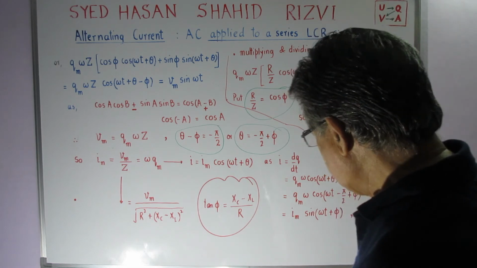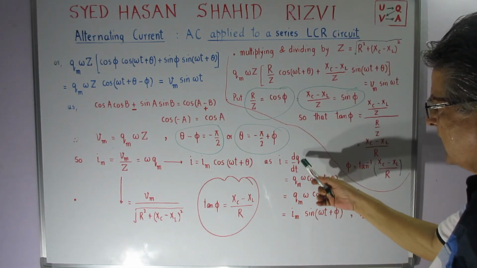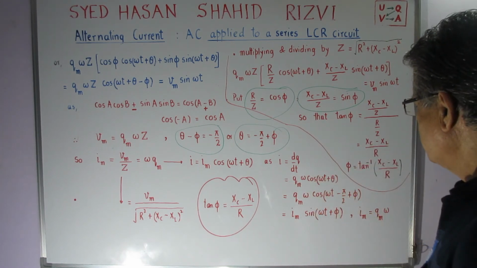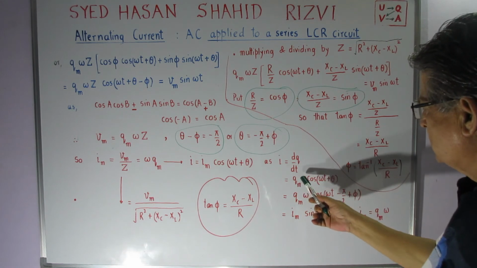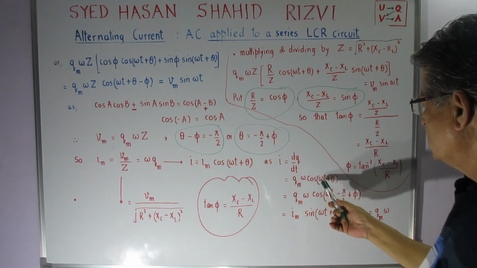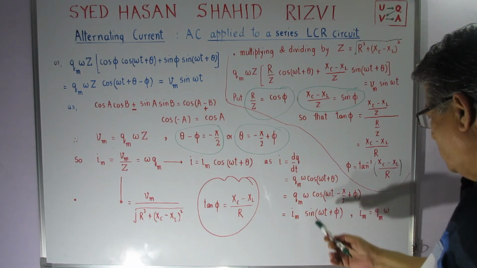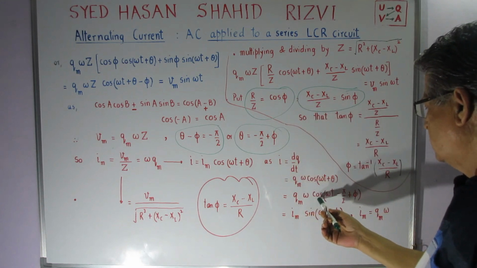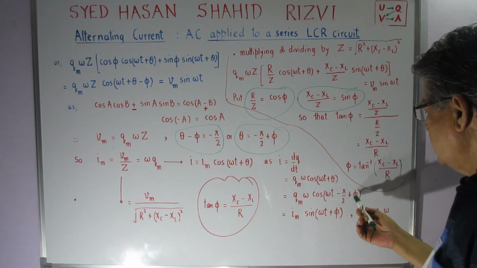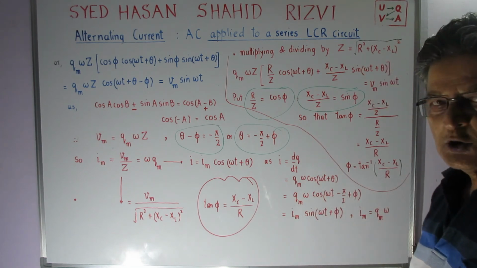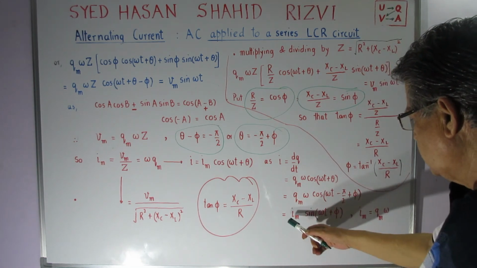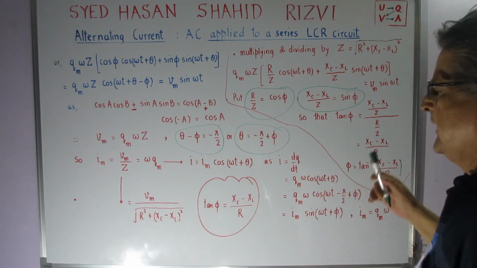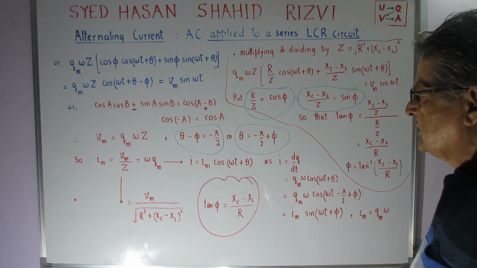As I is defined as dq upon dt, and Q is equal to Qm sin of omega t plus theta, we get Qm into omega into cos of omega t plus theta, which, because theta is equal to minus pi by 2 plus phi, becomes cos of omega t minus pi by 2 plus phi, and this comes back to the format of sine. So I get Im, which is Qm into omega, sine of omega t plus phi. This is the relation that we obtain.